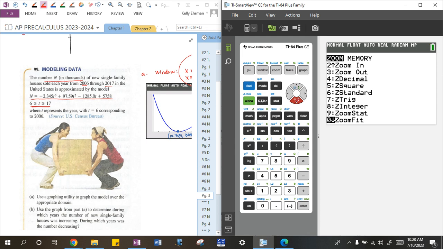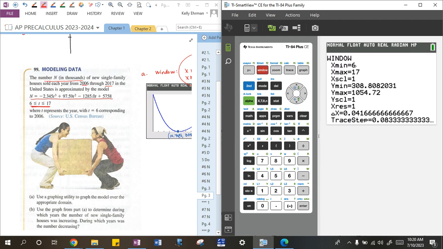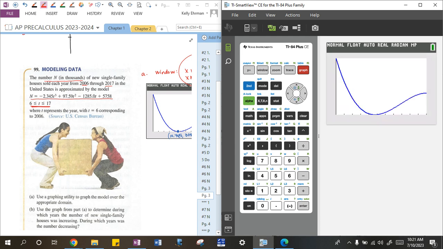It's down here. So zoom fit, zoom 0. And what that does, if you check your window again, it keeps your domain, but it changes the y values so that everything in that window from 6 to 17, every point is visible. So that's what it means by zoom fit.